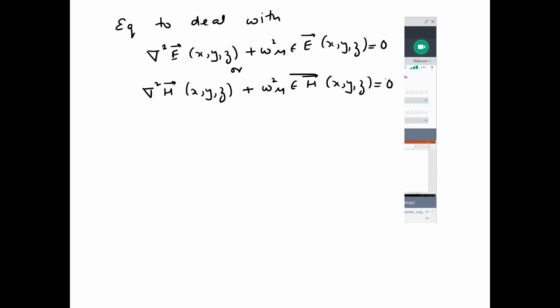These are the two major equations I have to find solutions for. And related to these two equations, once I look for a solution of the electric field, then my H is determined too.